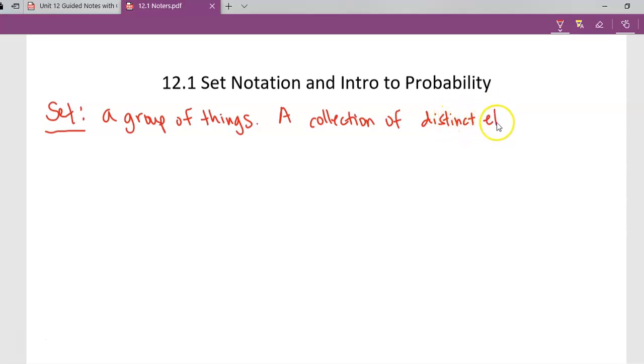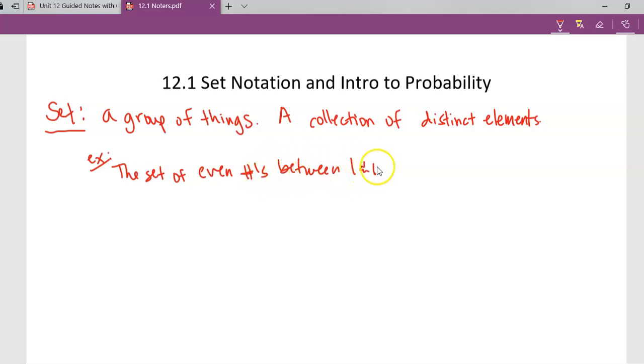Let's get some examples of sets. An example might be the set of even numbers between 1 and 10. Another example might be the set of numbers between 1 and 5. I'm not going to write that one down.